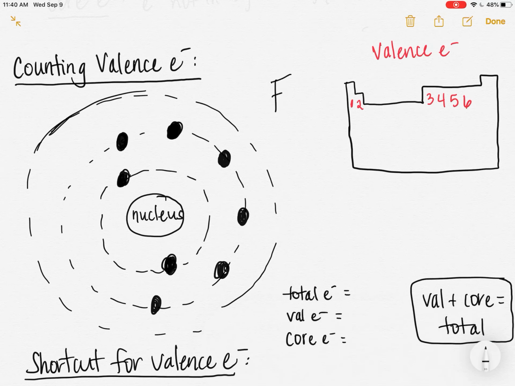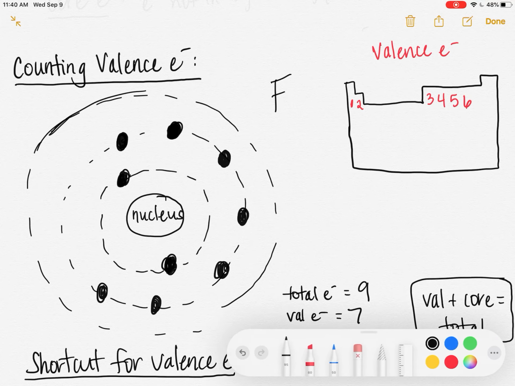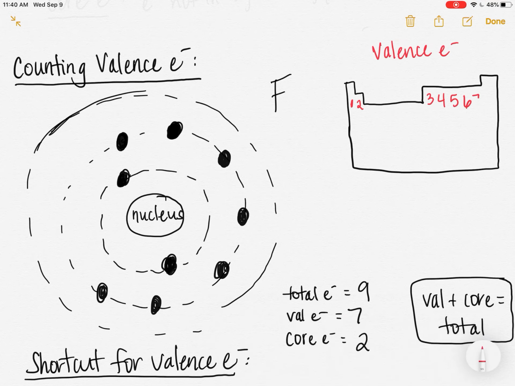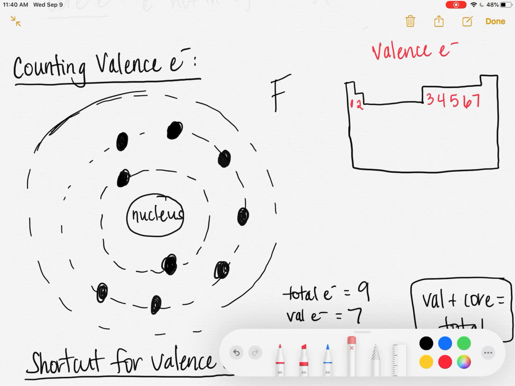Okay, we're almost there. With fluorine, 9 protons in the nucleus, 9 electrons total, 2 in the first level, 7 in the second level, making 7 valence, 2 core.